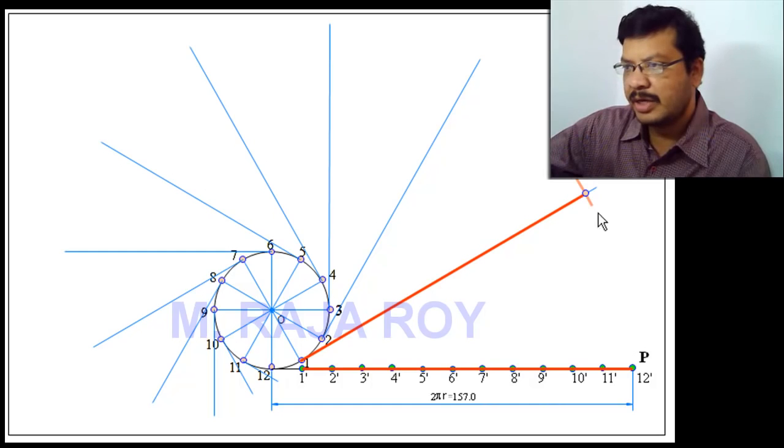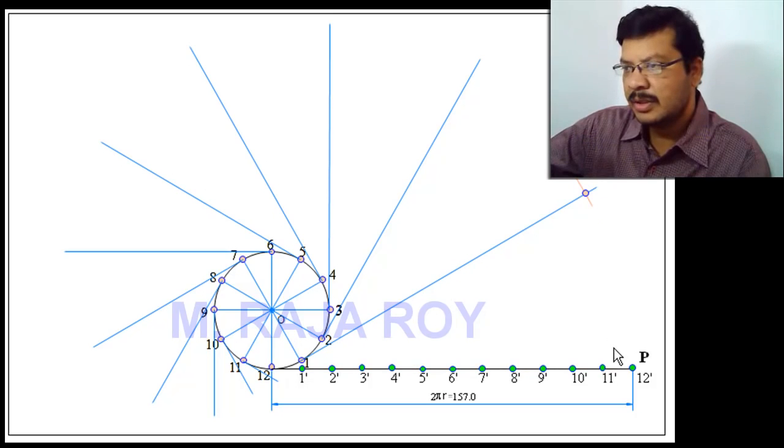Now observe this point I am calling as P1. This P to 1 dash distance as radius, 1 as center, I have drawn an arc onto this tangent. This point I am calling as P1. This is the first point on the involute.